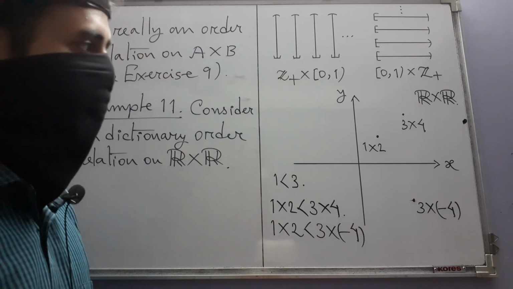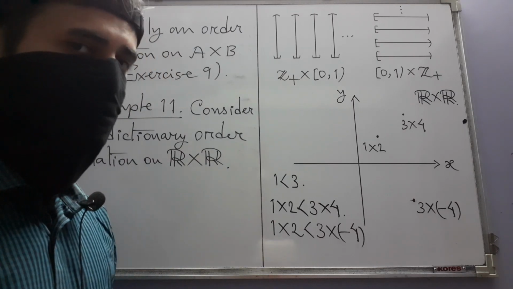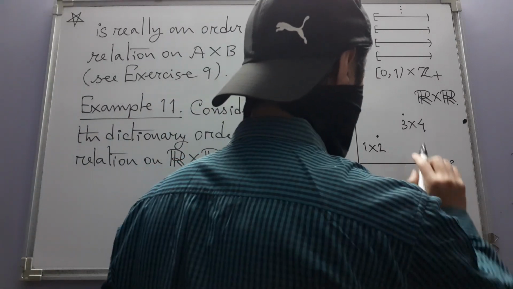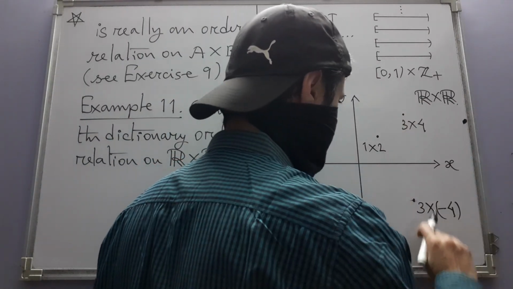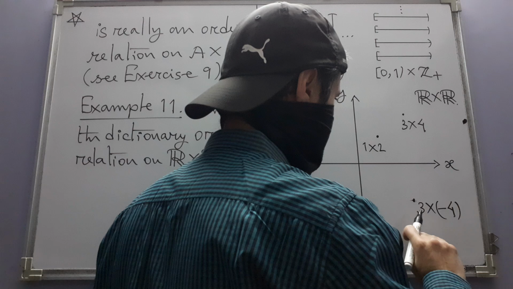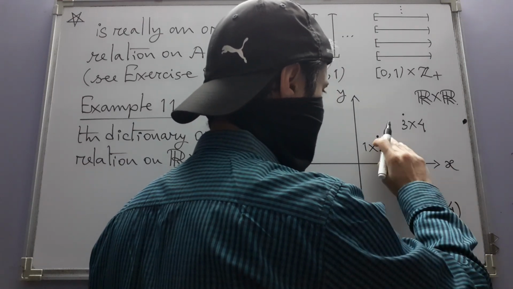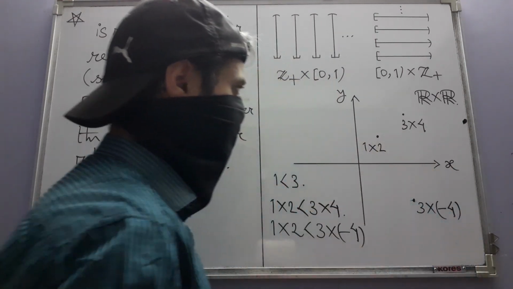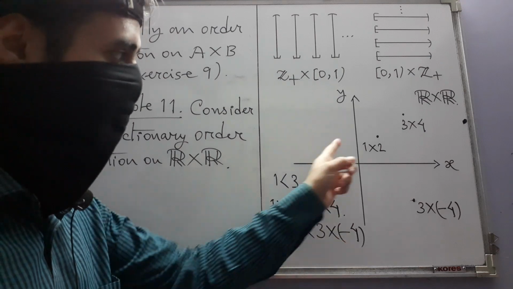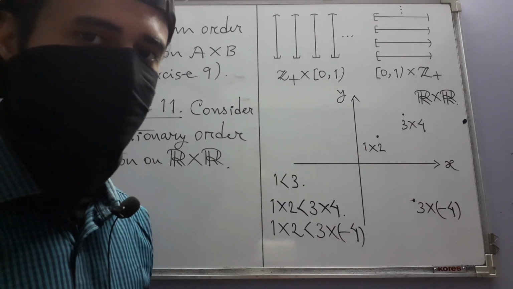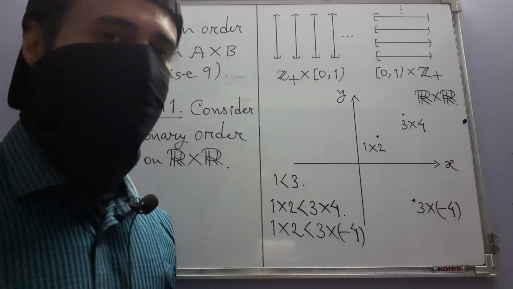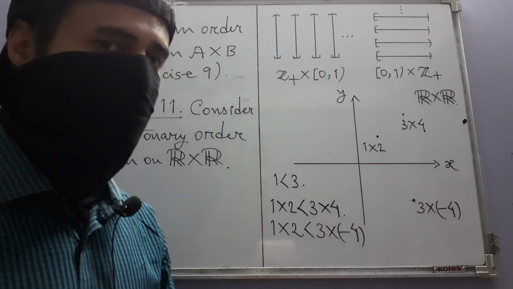So, what do we see from this? From this we see that regardless of height, any point that lies to the right of this point will be greater than 1, 2. It's a left-right thing. Okay, fine.